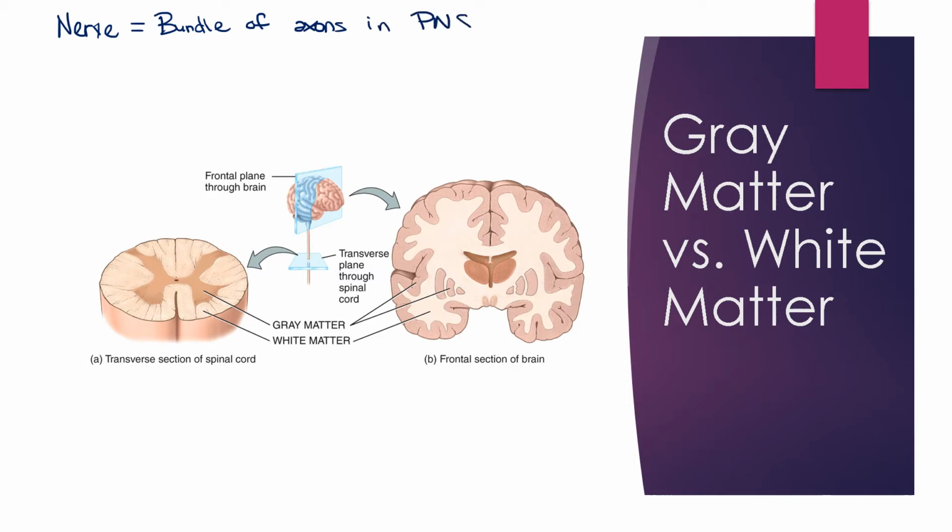And then another term here would be tract. A tract would be a bundle of axons in the central nervous system. So same thing, but just in a different location, we call them different terms.